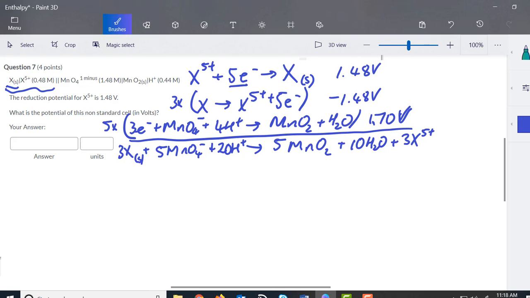And then when we add the voltages together, we're going to come up with positive 0.22 volts as this is going to be our E0 cell, because this will be under standard conditions.